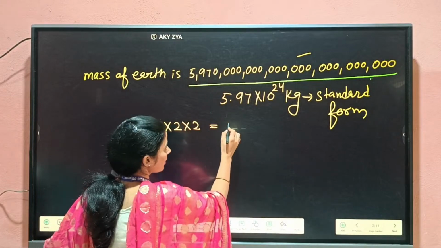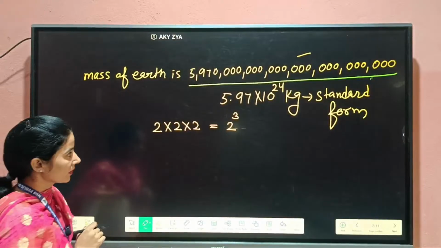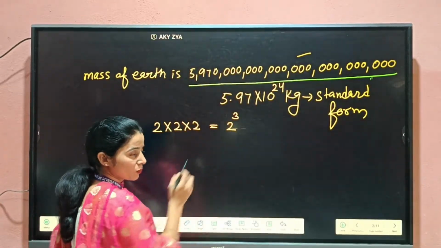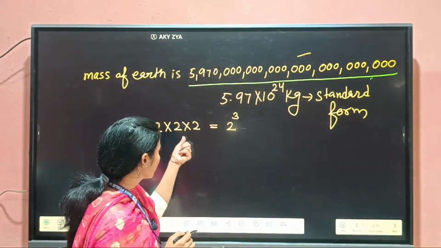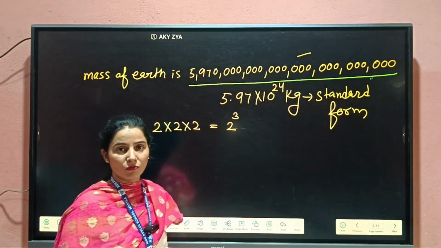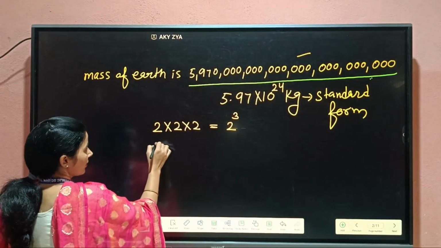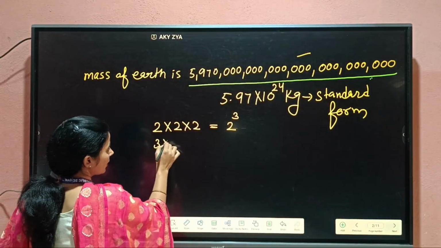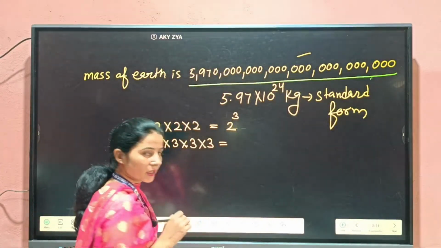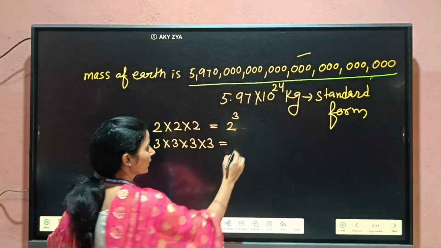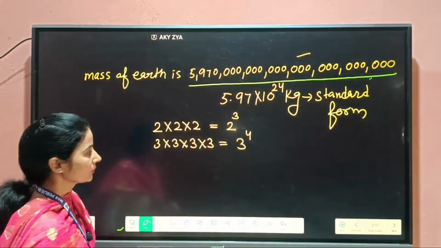I can write it as 2 raised to power 3 in exponential form. Next, 3 into 3 into 3 into 3 can be represented in exponential form as 3 raised to power 4.